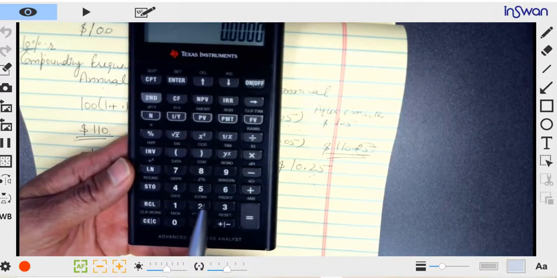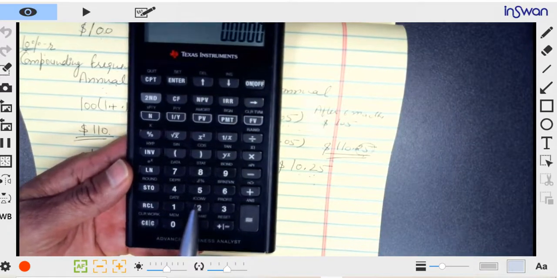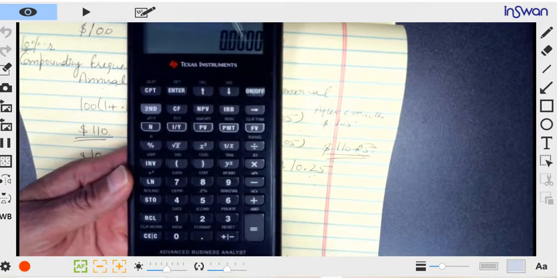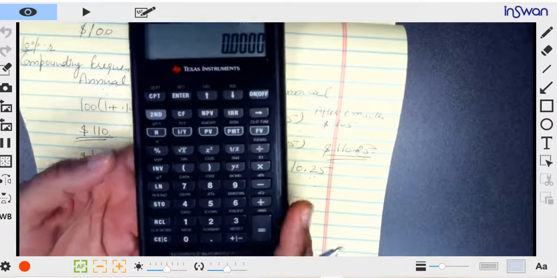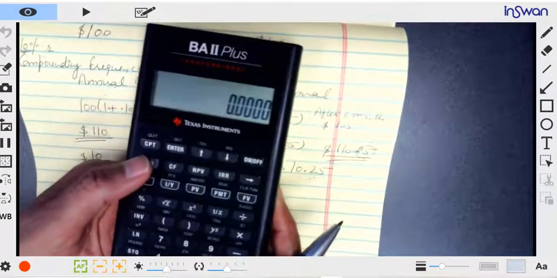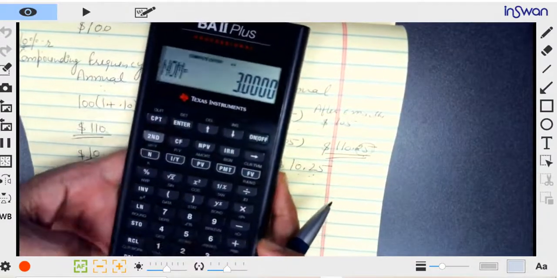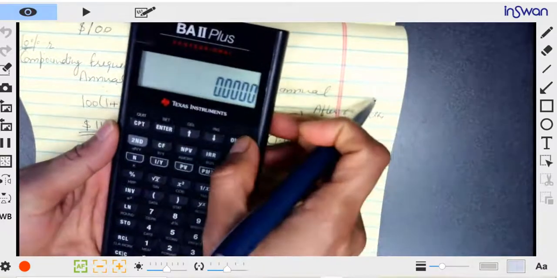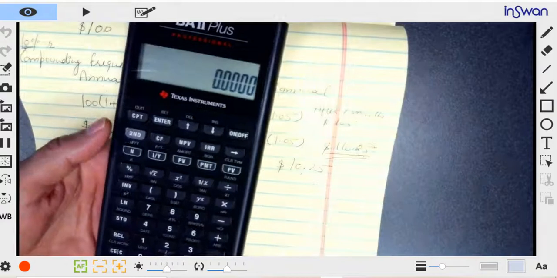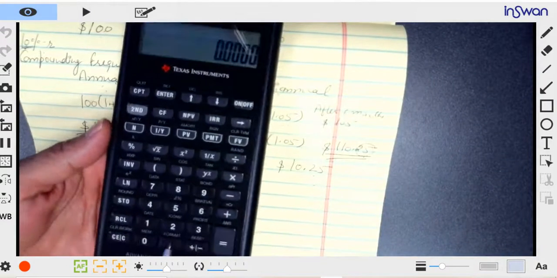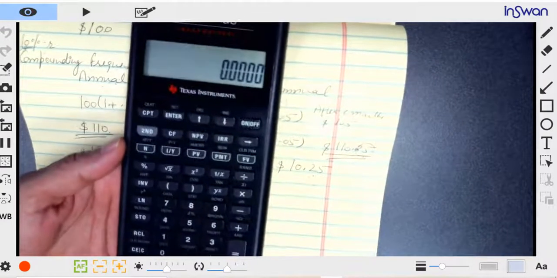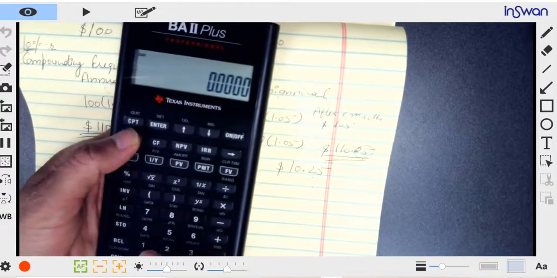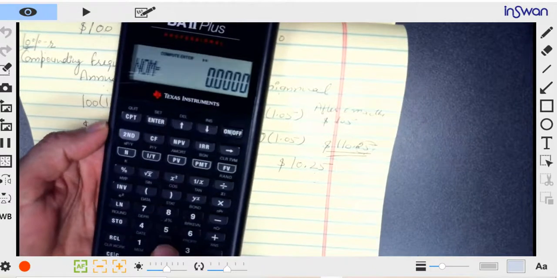CONV means conversion. I is for interest. So interest rate conversion. If you know nominal rate, you can get effective rate. If you know effective rate, you can get nominal rate, whatever the case is. So press second, go for it.